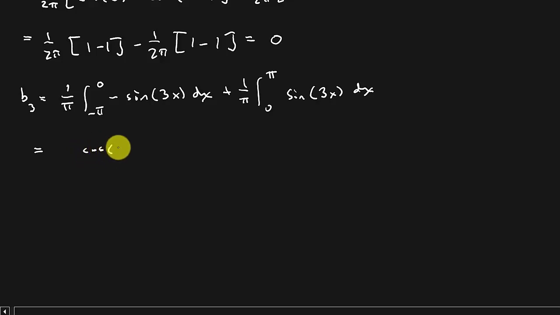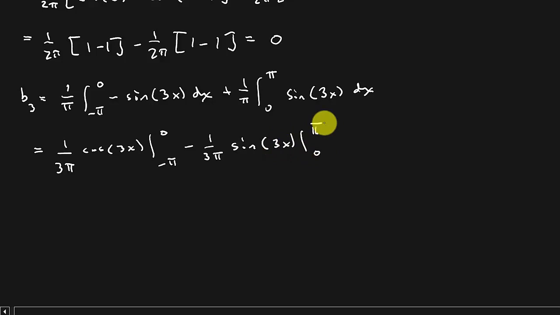So that's going to be cosine 3x from negative pi to 0, and then it's going to be 1 over 3 pi because we have to multiply the 1 over pi by 1/3. And then minus, the antiderivative of sine is negative cosine, so there's your minus, and that's going to be 1 over 3 pi sine 3x from 0 to pi.